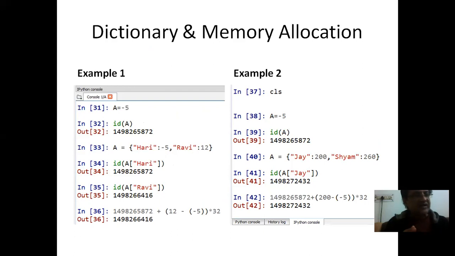Now I'm creating a dictionary A. Harry is a key, and the corresponding value I'm giving is minus 5. Ravi is the key, corresponding value I'm giving is 12.